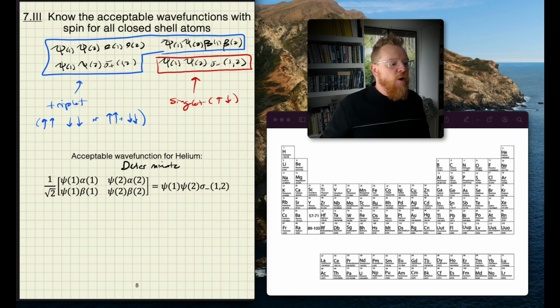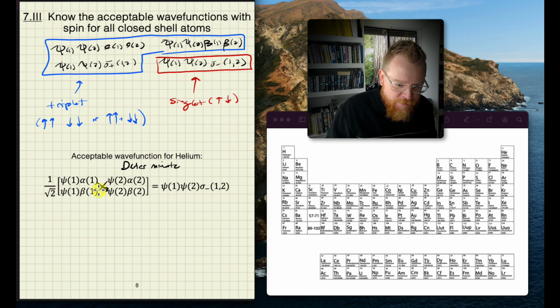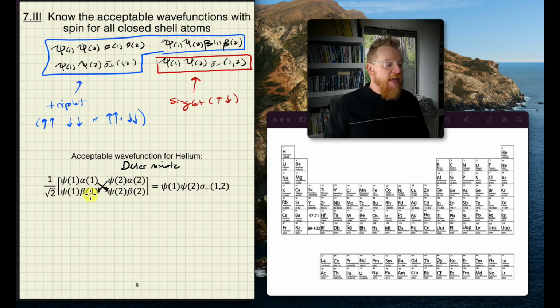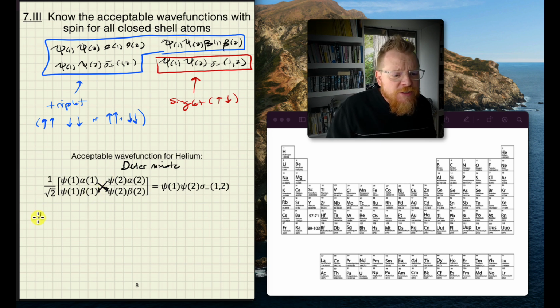And if you recall, the way that these determinants go, we'll multiply this term by this term, and then take the difference of that term times that term. So let's go ahead and do that determinant. We've got our normalization constant, 1 over root 2 times, and so now that's going to go Psi 1 alpha 1 times Psi 2 beta 2.